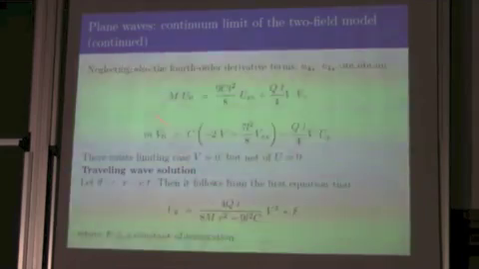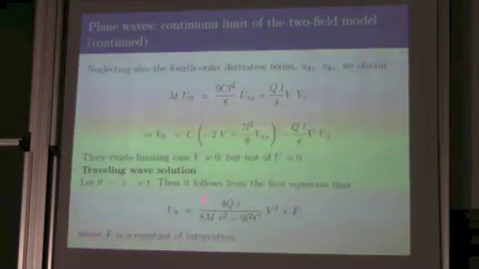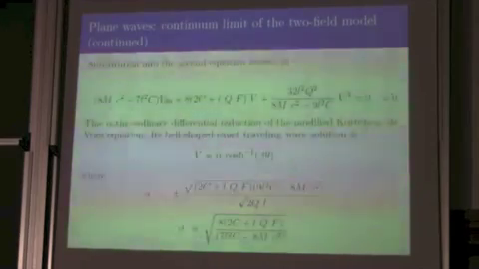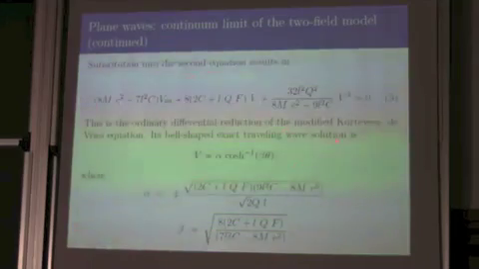So introducing the phase variable, we are able to resolve these equations for U, for the macro strain, and substituting this relationship into the second equation, we obtain an ordinary differential equation, which is possible to solve because it corresponds to the modified KdV equation.